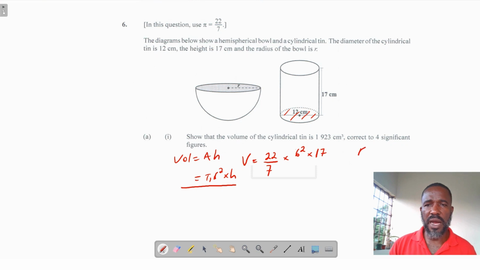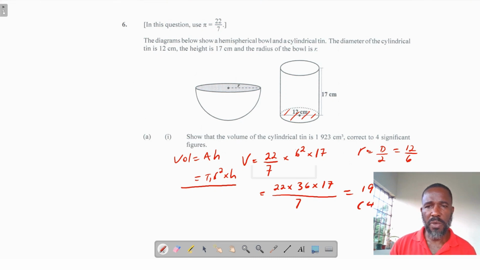Remember, r is equal to diameter divided by 2, so 12 divided by 2. When we have worked that out, it is the same as 22 times 36 times 17 all divided by 7, and you are going to get 1923 cubic centimeters, correct to 4 significant figures.